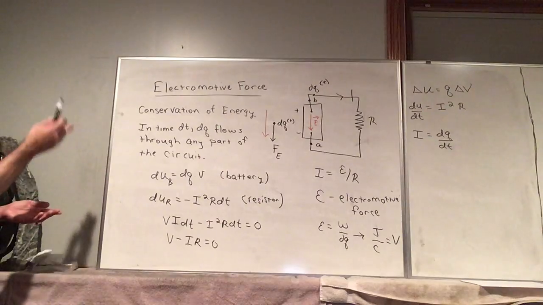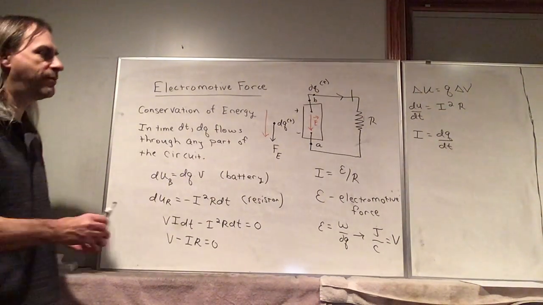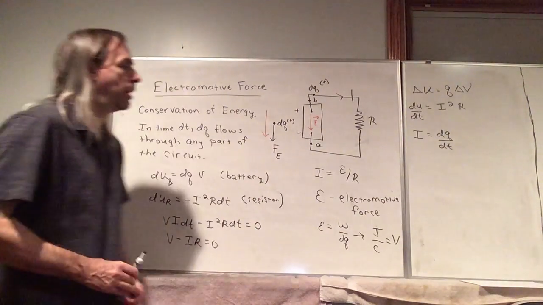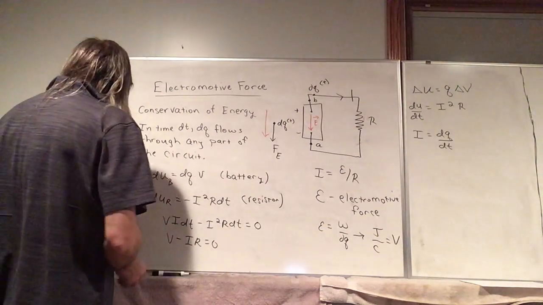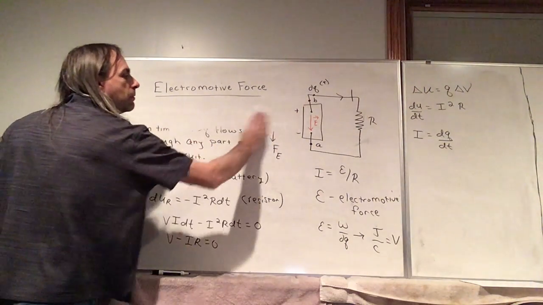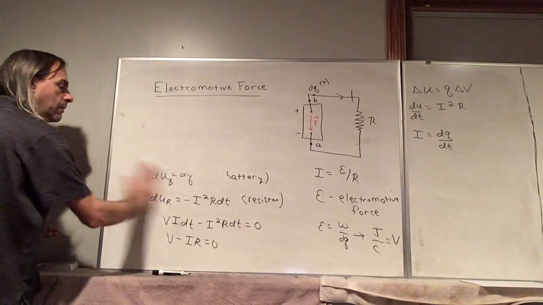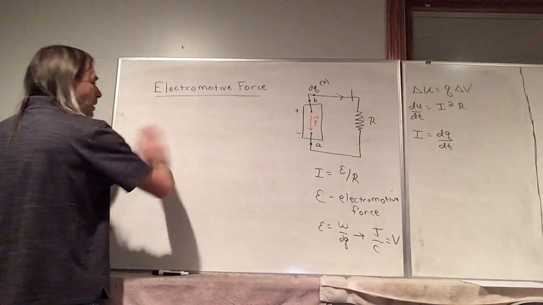Now this is the conservation of energy approach. It's not necessarily the easiest way to look at this circuit, but it's a very good way to do so. But there's another way we can do this. Let's erase this and look at the idea of electric potential.